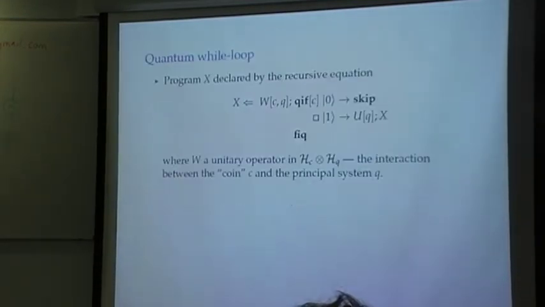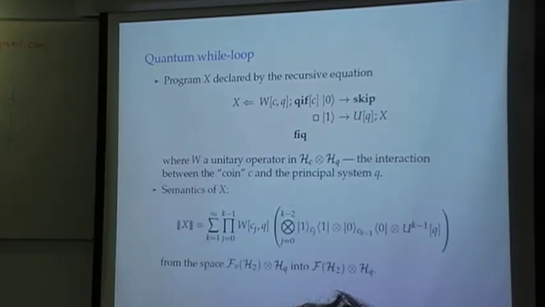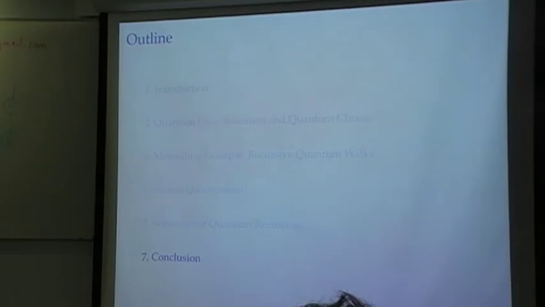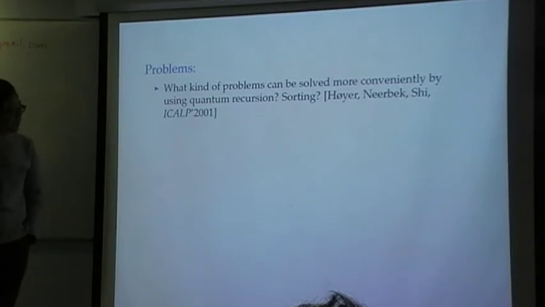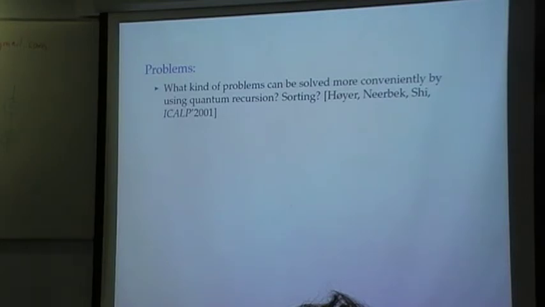I guess I will not go further, but a very brief conclusion. There are some problems for further study. The first problem is what kind of problems can be solved more conveniently by using this quantum recursion. One candidate is sorting.